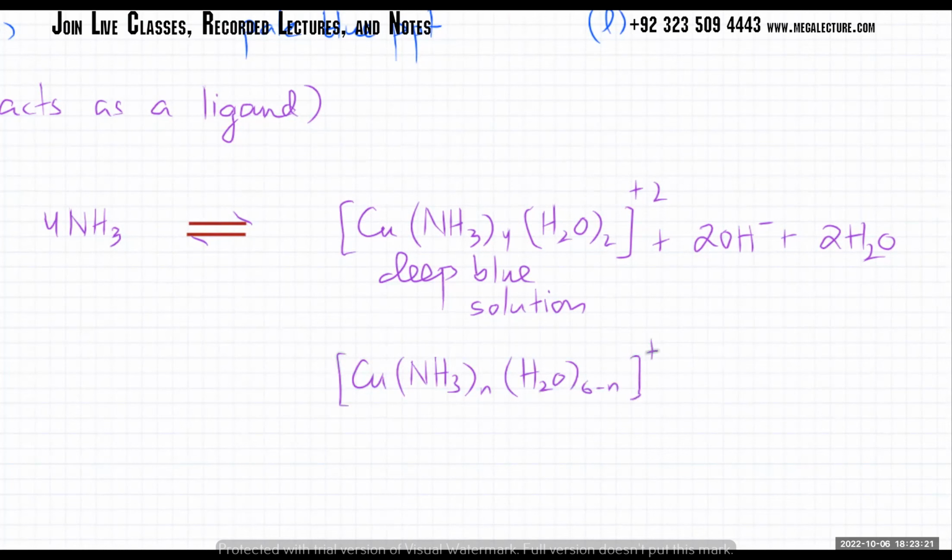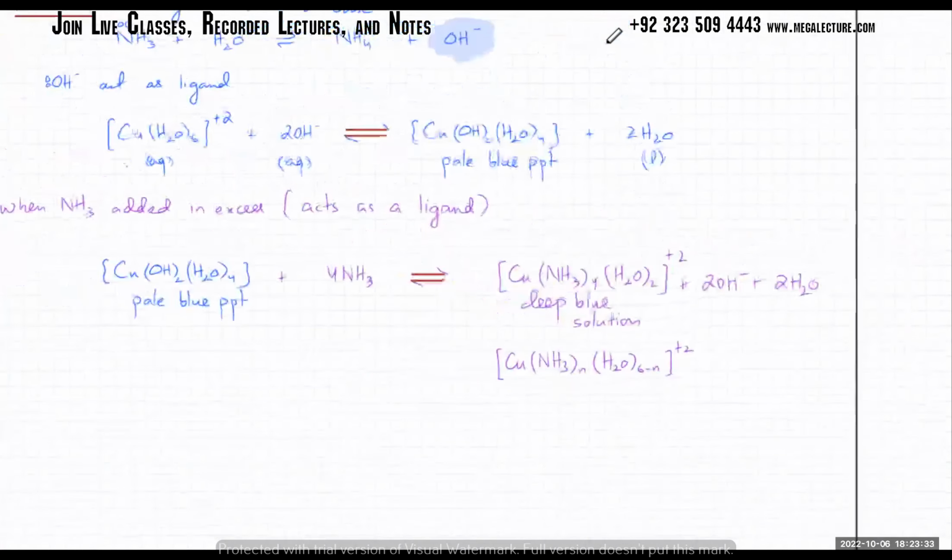The charge would still be +2 because both water and NH3 are neutral, so they're not going to affect the charge of the whole thing. Anyway, so that's about this one.